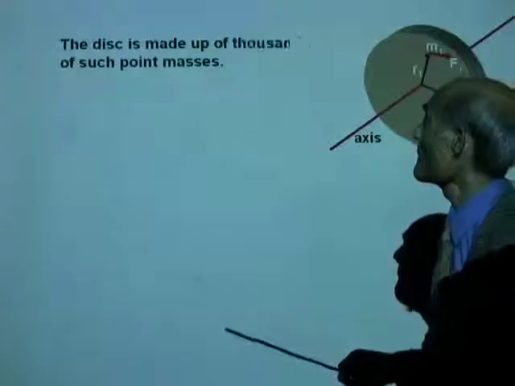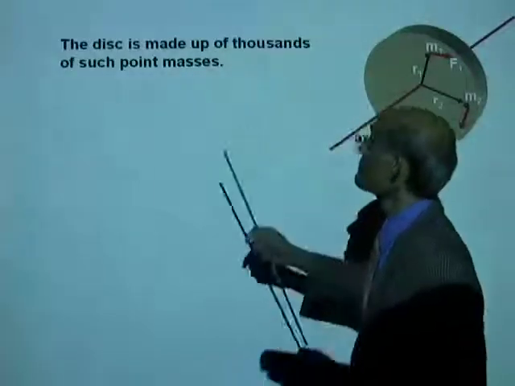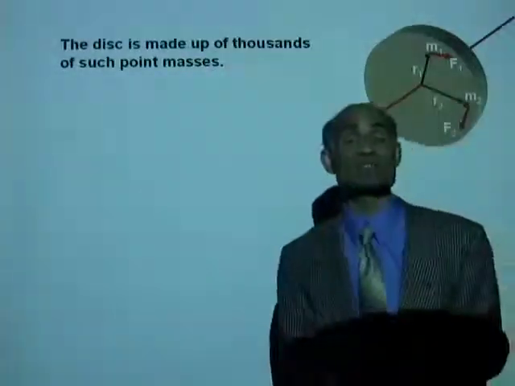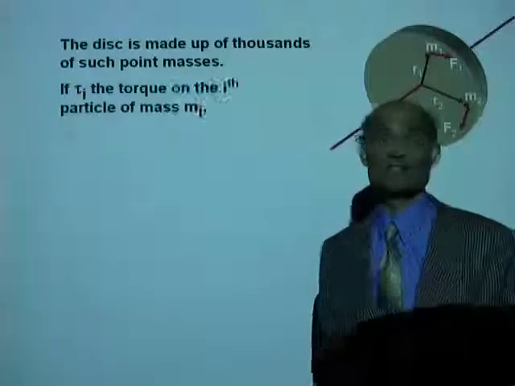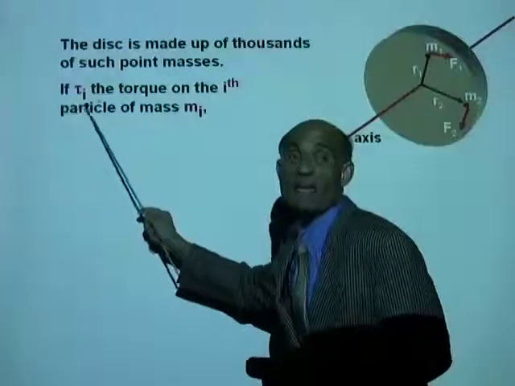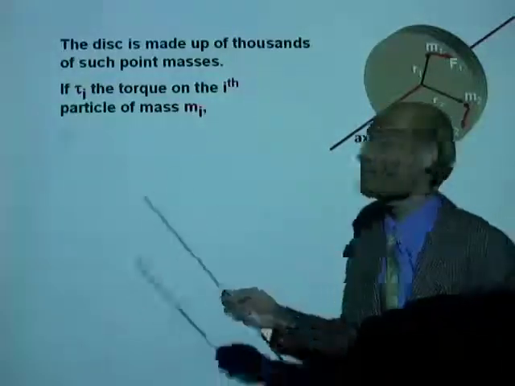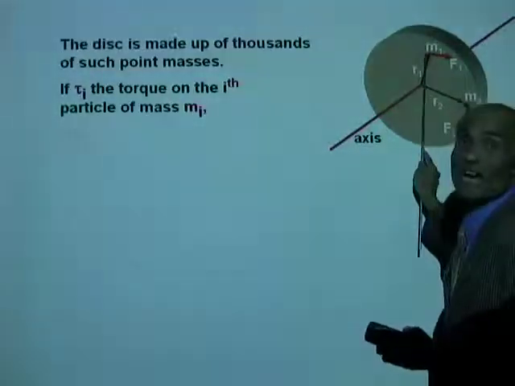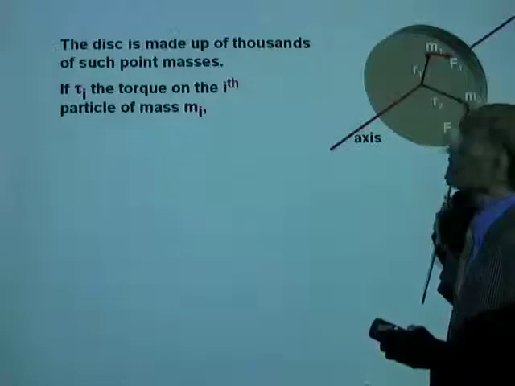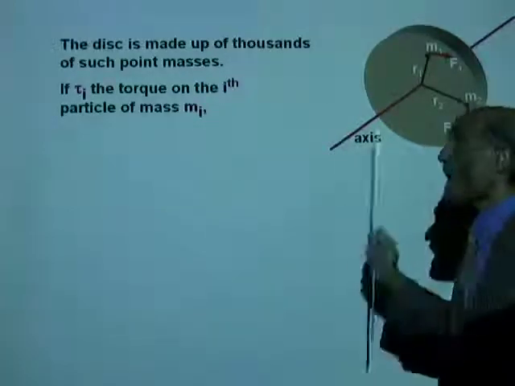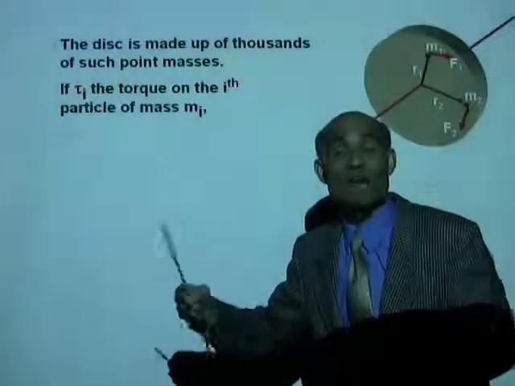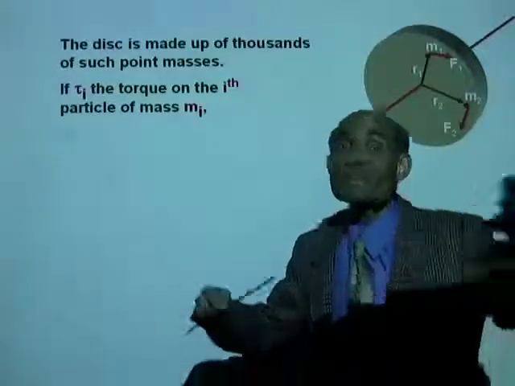Let's write that down. The disk is made up of thousands of such point masses. If tau i is the torque on the ith particle, well, for this particle i equal to 1, for this particle i equal to 2, and i can have any value.